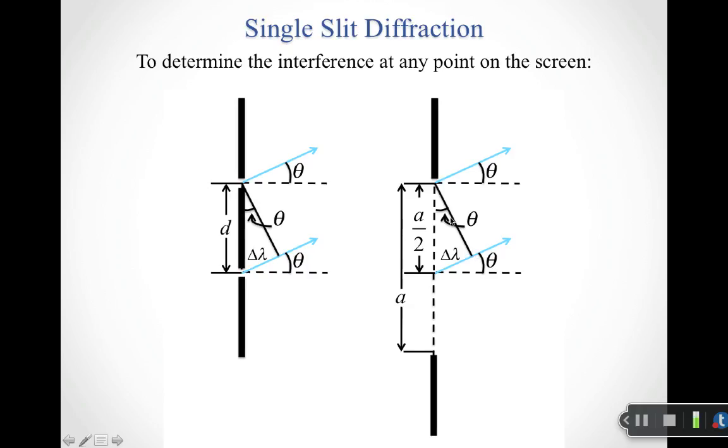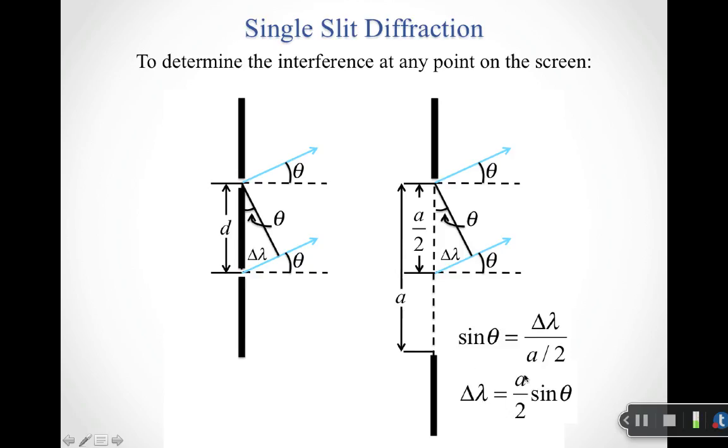And so if we want to think about angles where we have this path difference at some angle theta, well, again, here's my right triangle. And so I know that the sine of this angle theta is going to be opposite over hypotenuse, so it's going to be my path difference over A over 2. And so all we're going to do is say, fine, let's just solve this for the path difference.